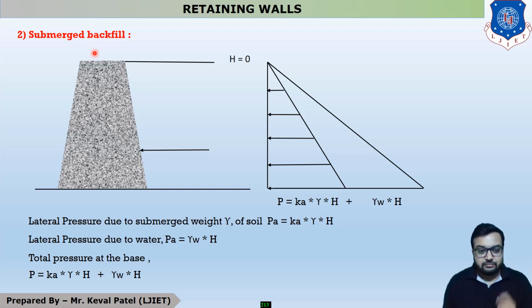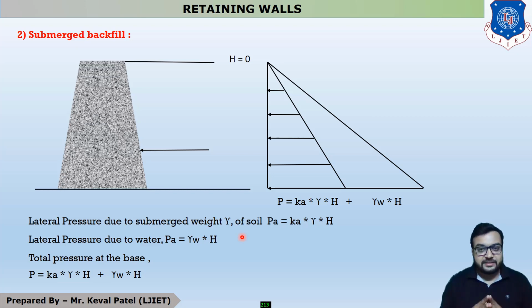What is the equation? Lateral earth pressure due to submerged weight of soil is Ka into gamma into H. This equation remains the same as case number 1. The second is due to water, and the equation of pressure is gamma W into H. What is the value of gamma W? Gamma W is the density of water.